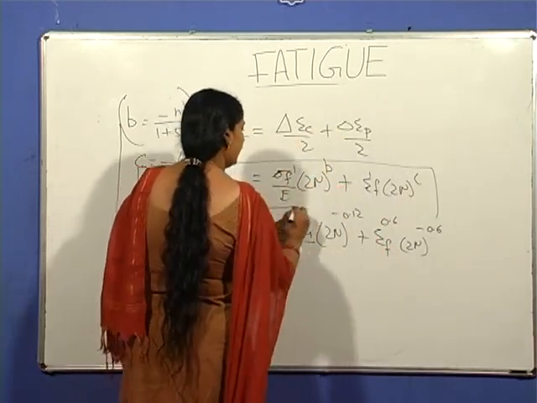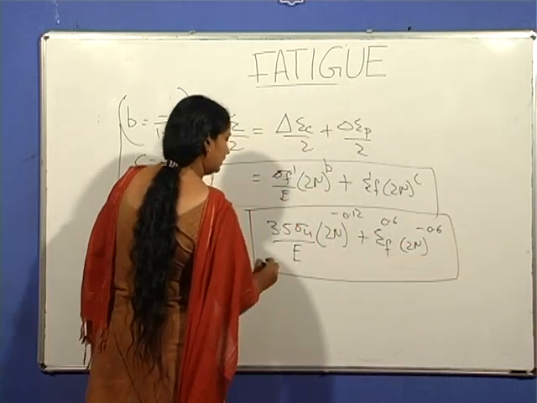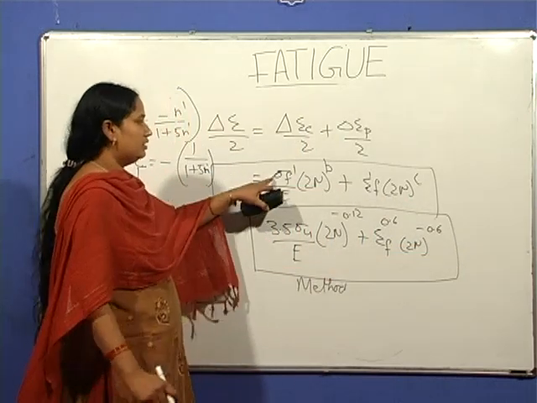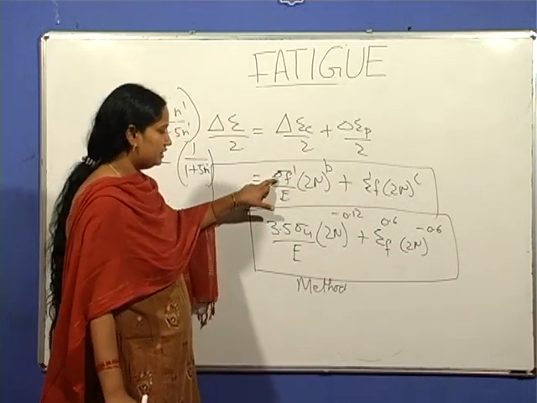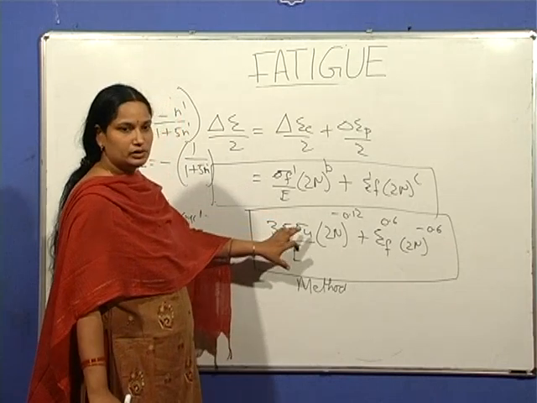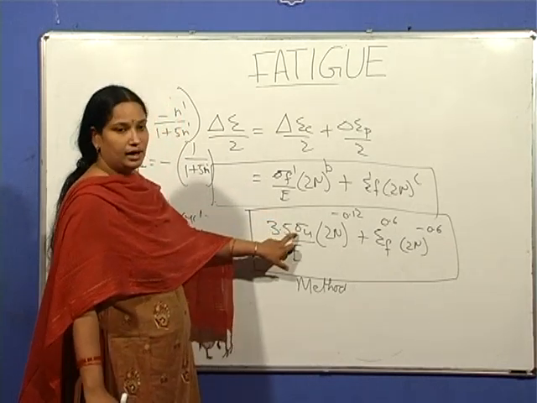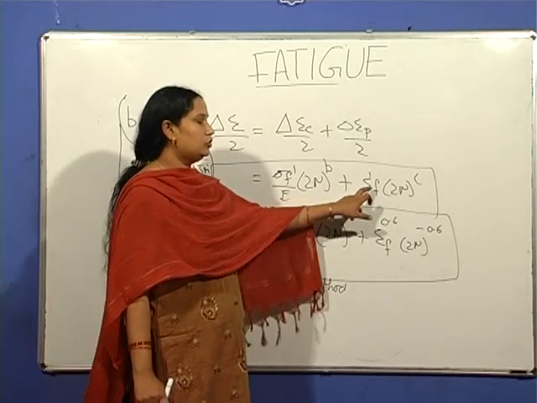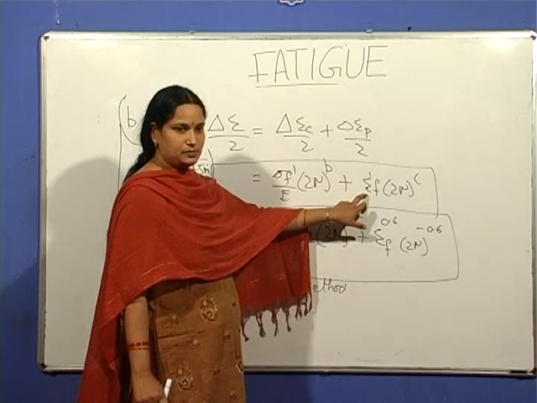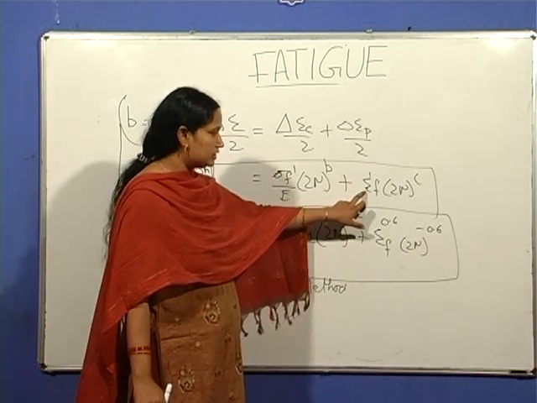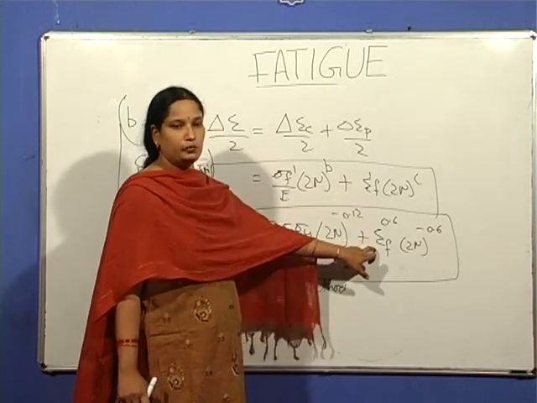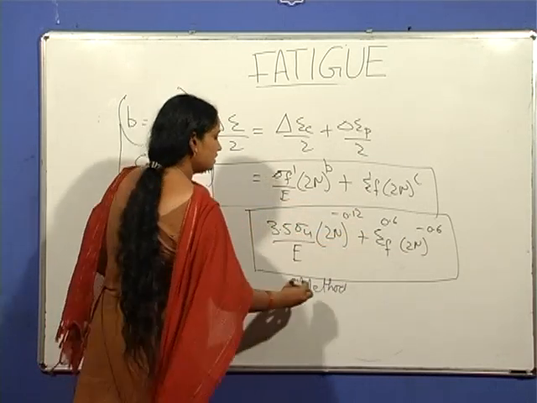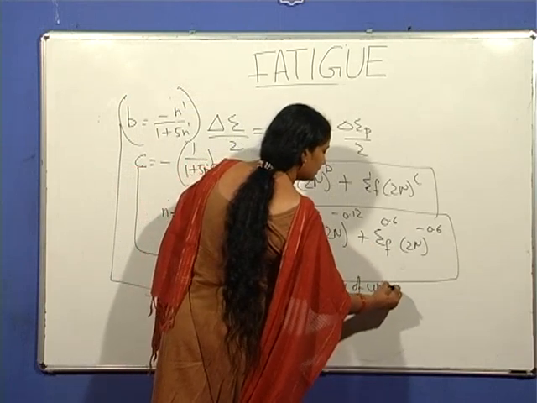So this is known as the method of universal slopes, where the fatigue strength coefficient is related to the ultimate tensile strength from the tension test, and the fatigue ductility coefficient is related to the true fracture strain in the tension test.